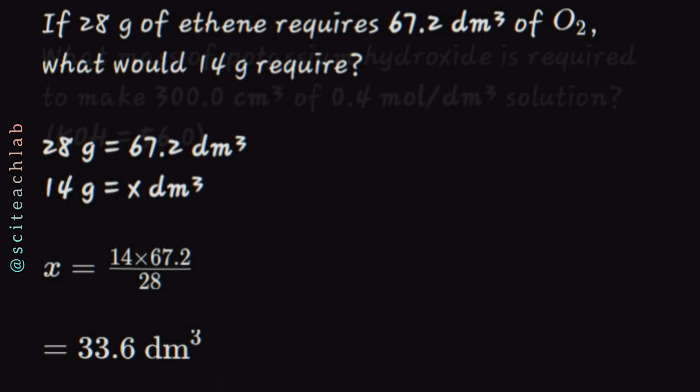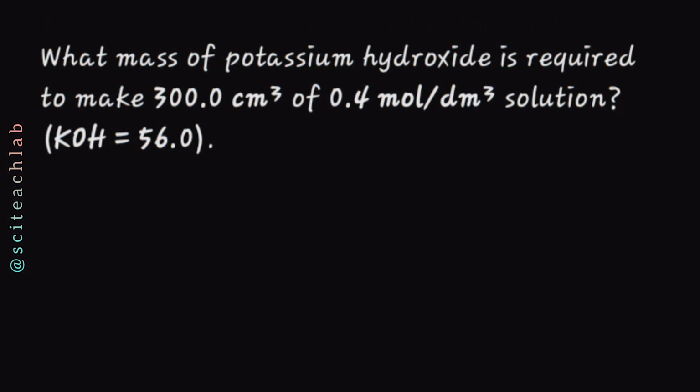Now the last question. The mass of potassium hydroxide required to make 300 cm cube of 0.4 mole dm cube solution is what? So you're asked to find the mass of potassium hydroxide that is required to make 300 cm cube of 0.4 molar solution.